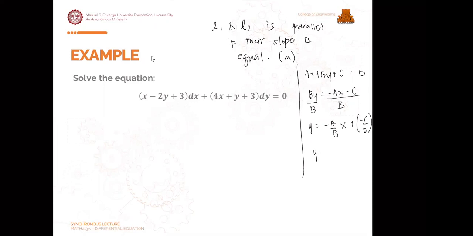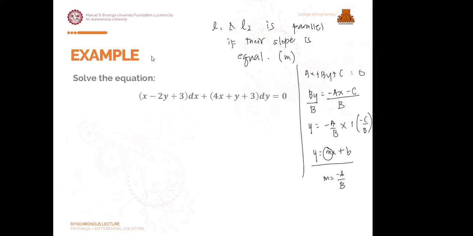Or ito yung common natin na y equals mx plus b, slope form equation, no? So ibig sabihin, para makuha natin yung m, kapag given sa atin yung line, m is equals to negative a over b. Okay? Pag nakuha natin yung slope, yung m value ng dalawang line, kapag sila is nag-equal, ibig sabihin parallel sila, gagawin natin solution is yung case 2, which will be discussed later.